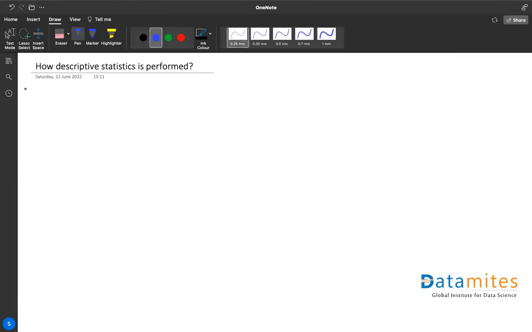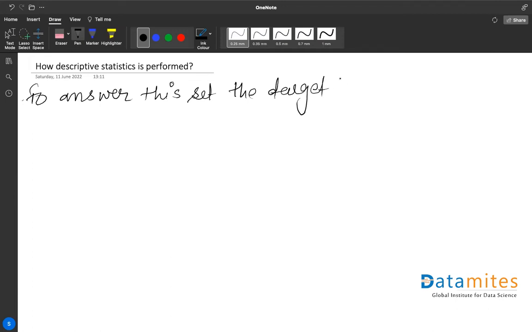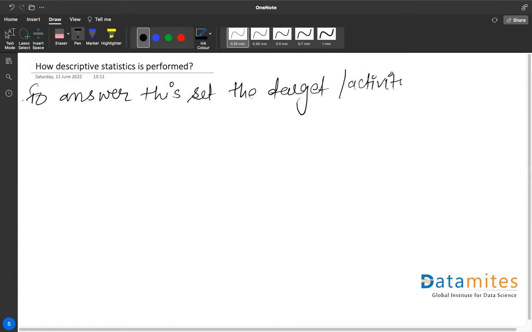You need to set a target or activity. That will help you to understand and explain what you're trying to do in descriptive statistics.